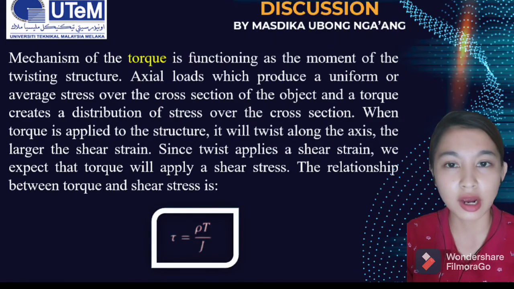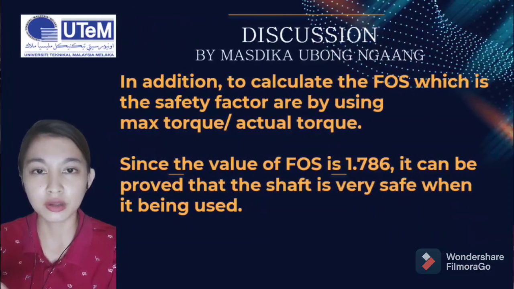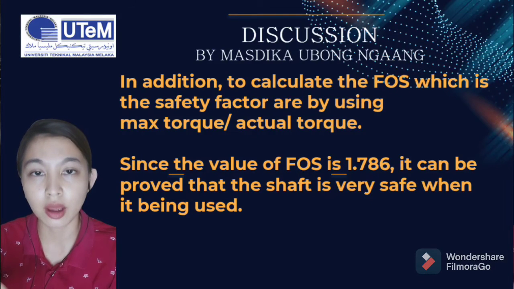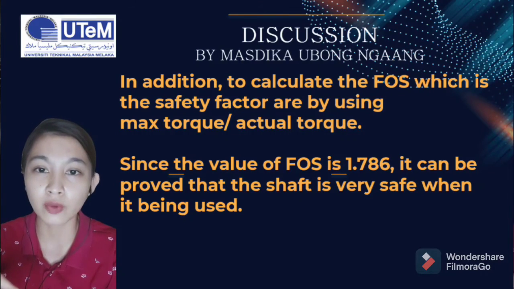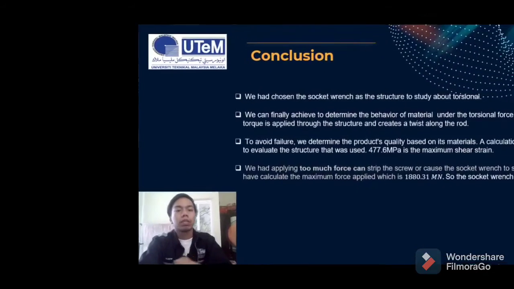The second moment of inertia is known as the area measure of the beam's ability to resist bending. The larger the moment of inertia, the less the beam bends. In addition, we calculate the FOS, which is the safety factor, using maximum torque over actual torque. Based on the value we calculated, FOS is 1.786. It can be proved that the shaft is very safe when it is being used.